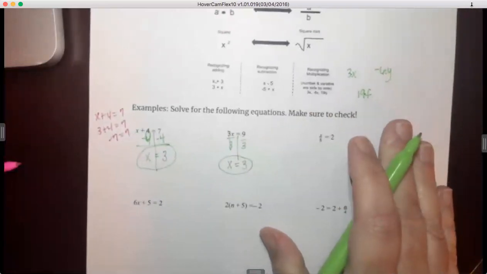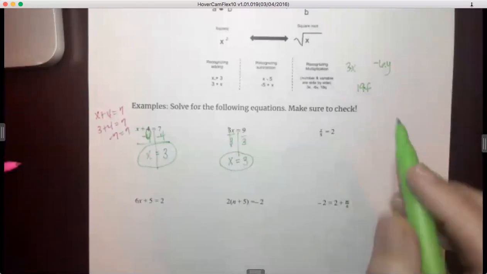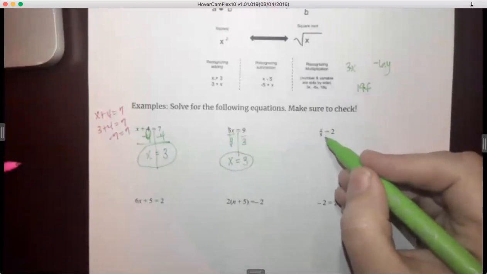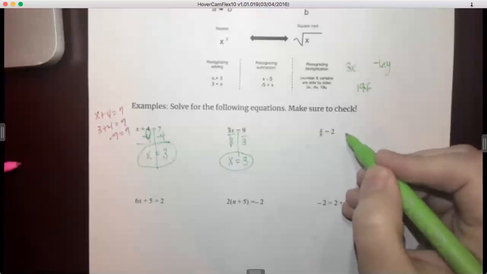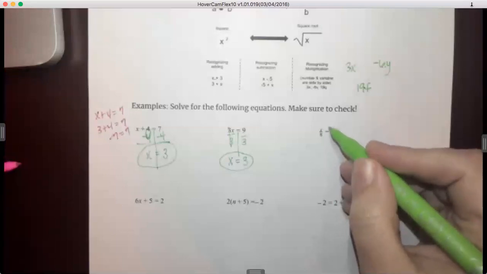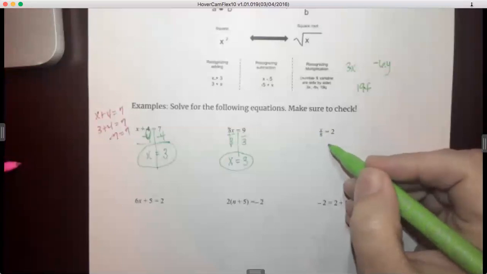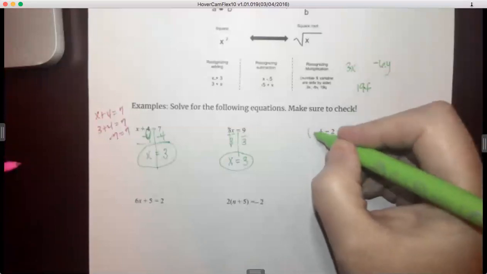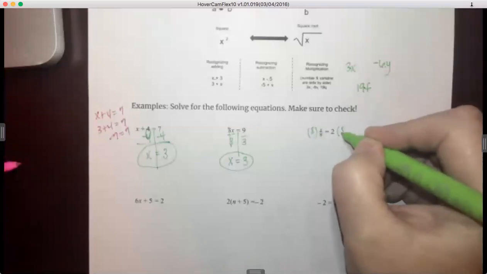Okay, here's a scary one because it already is in a fraction. X divided by 8 equals 2. Oh, that's what I'm doing, divided by, right? And the opposite of division is multiplication. So I can multiply by 8 on both sides.